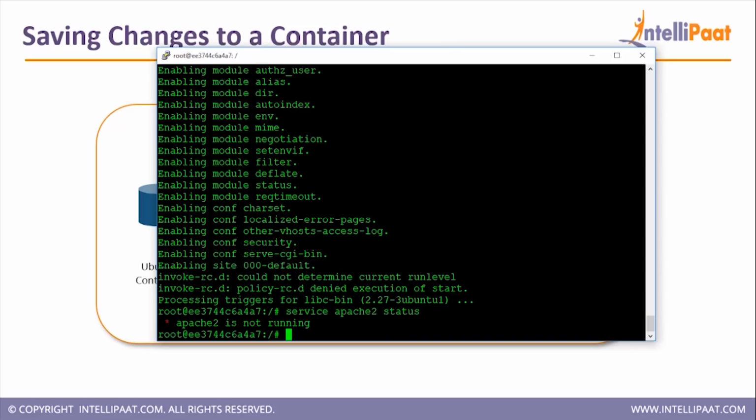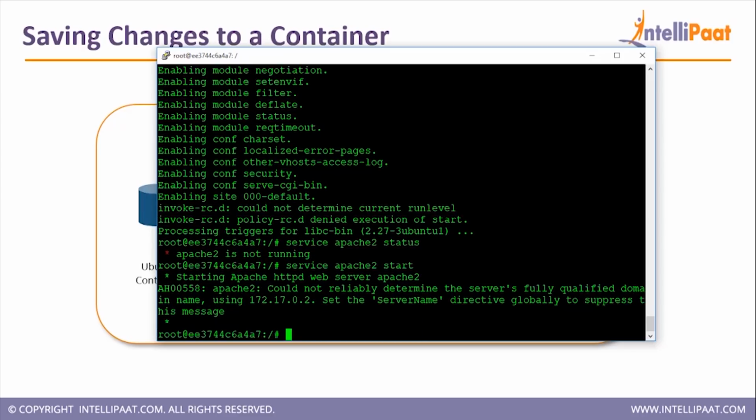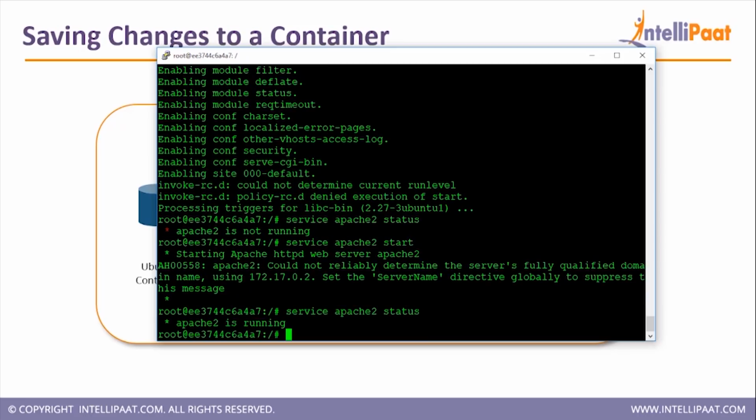So it says apache2 is not running, so let's start the service. So service apache2 start, hit enter, and if I now check the status of apache2, I can see that apache2 is running inside the container now. Awesome, this is what I wanted.